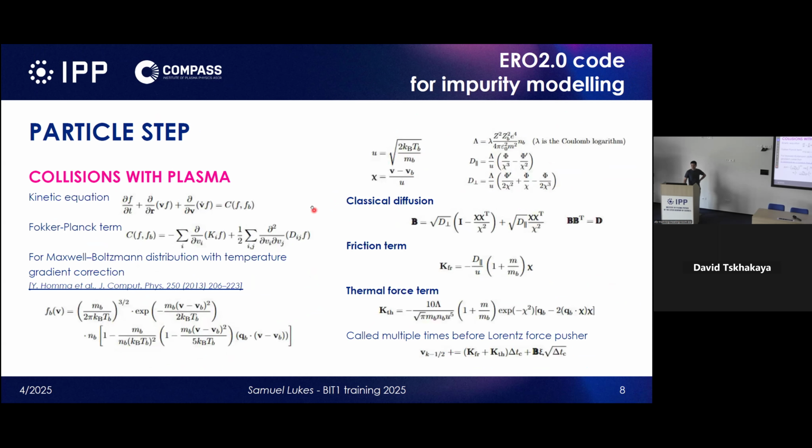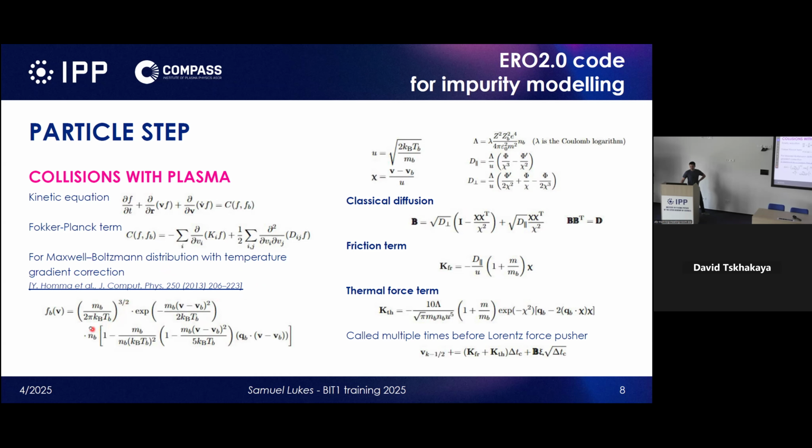So first, the collisions with plasma. Here it is treated that you always have the plasma background from some, let's say, mostly from the fluid code. So you assume that it's a Maxwell-Boltzmann distribution anyway. So basically, you just need how the particle interacts with the Maxwell-Boltzmann distributed background. So that's much easier compared to the BIT1 code.